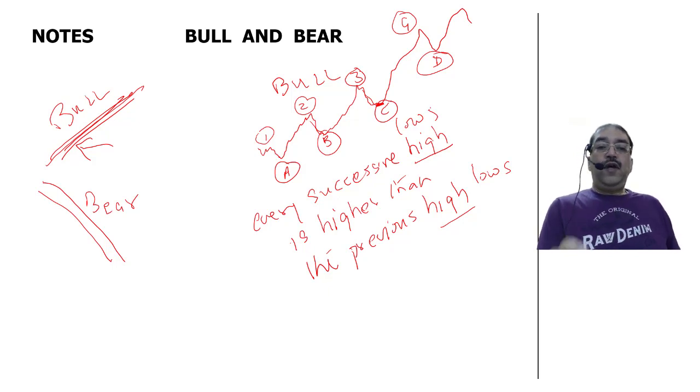Okay? So, bull phase means what? Every successive high is higher than the previous high, and every successive low is also higher than the previous low. Point is clear. Absolutely clear. Now, bear means what? This was your figure for bear, downward sloping. Now you got the idea, na?